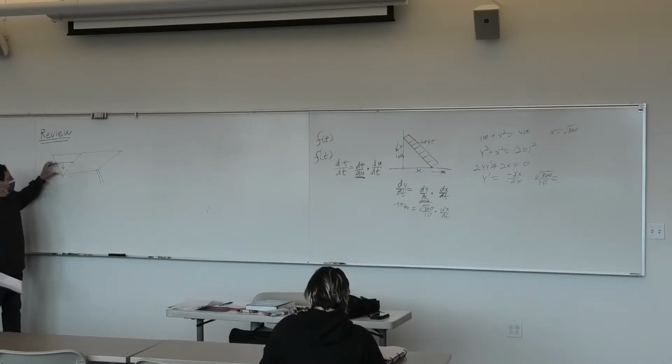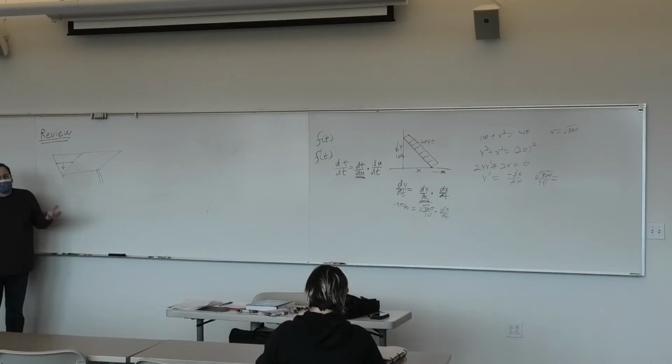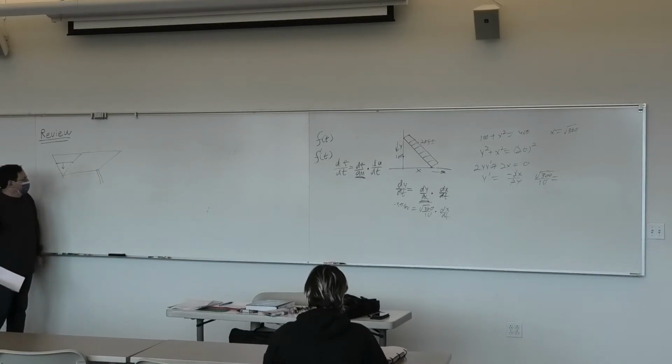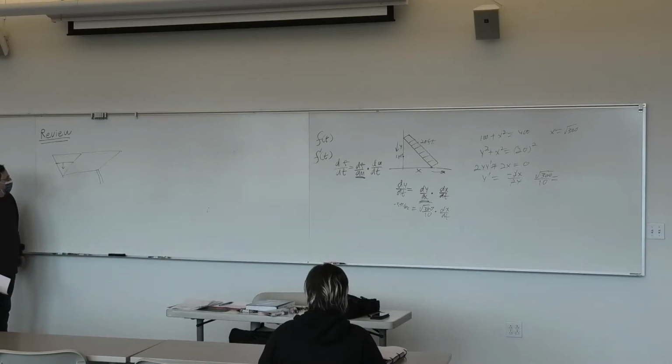And since the geometry here is not a rectangle, it's not going to be a constant. So we need some kind of relationship of the volume to this rate here.